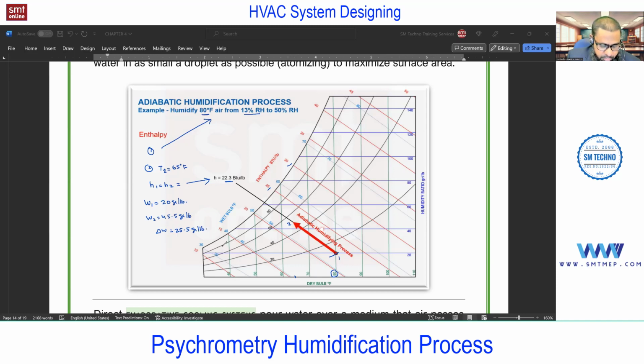Now the question is, without adding heat, how are we increasing the moisture, right? In the previous case, we added heat to the water, that water changed to steam, and we added the steam to the space. That means adding heat at constant temperature increases the RH. But in this case, we are not adding heat, but increasing the moisture. How? This is a simple process.